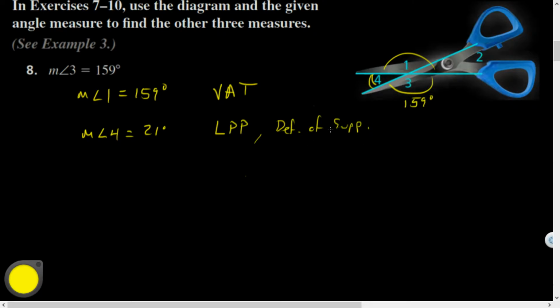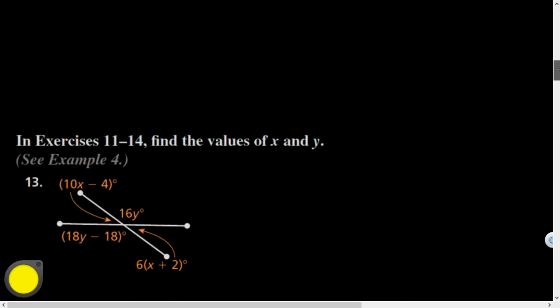And then using subtraction property, I'd subtract the 159 from both sides. So that's all of the reasons there. And then I could do the same thing for angle 2 or do vertical angles from 4. Multiple ways to get that, but measure of angle 2 is also 21 degrees for either of these reasons. Don't undo the degree.